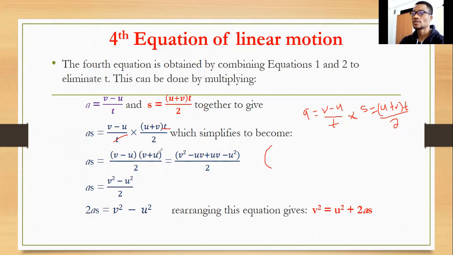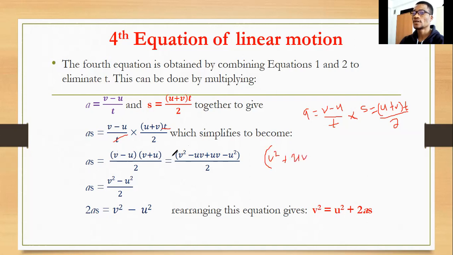The square of these guys. So v times v, you have v square, and then we have v times plus u, so I think this is going to be uv plus uv.